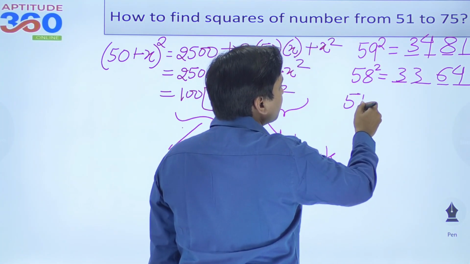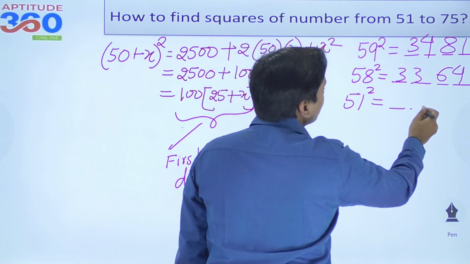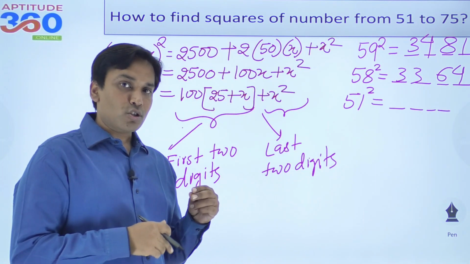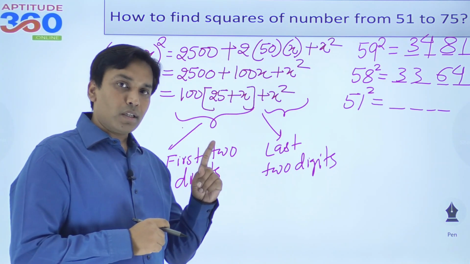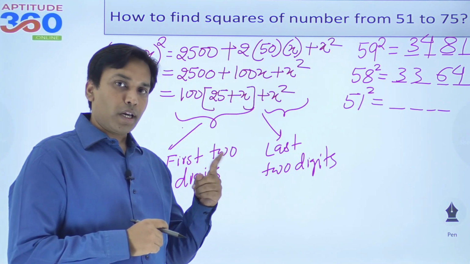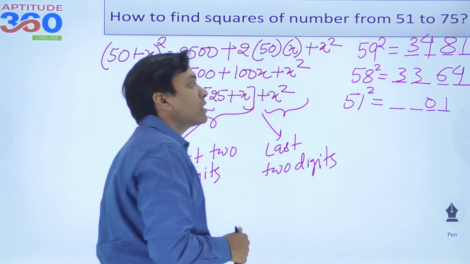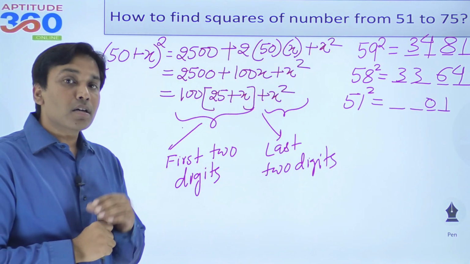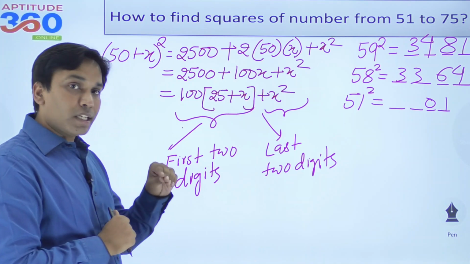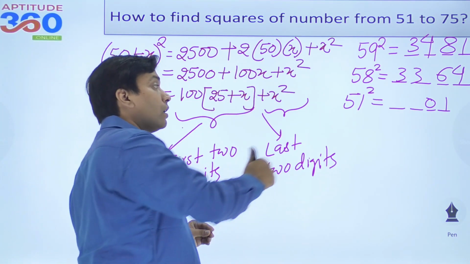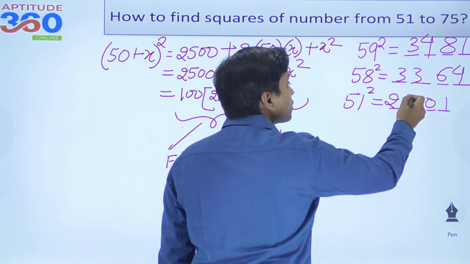How do you find out 51 square for that matter? 51 square is 1 more than 50. 1 square is 1, but we will have to write two-digit numbers, so I will be writing this as 01, and then 25 plus 1, because this number is 1 more than 50. So 25 plus the difference is 26.